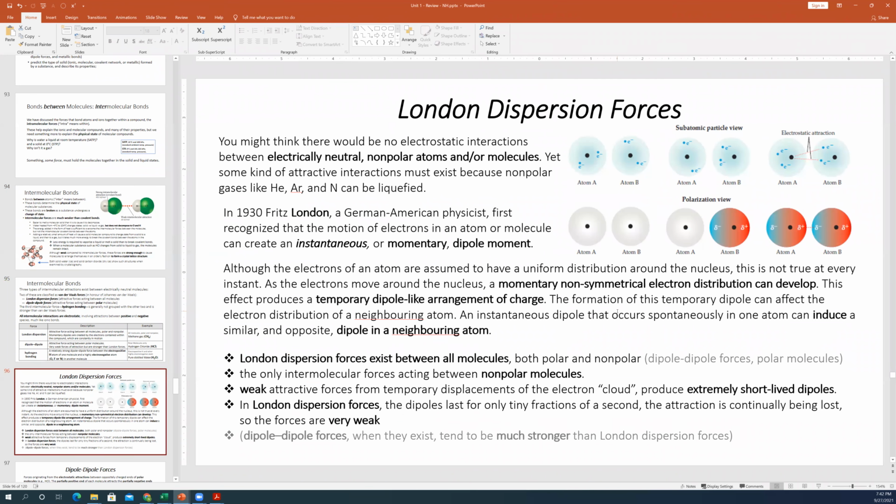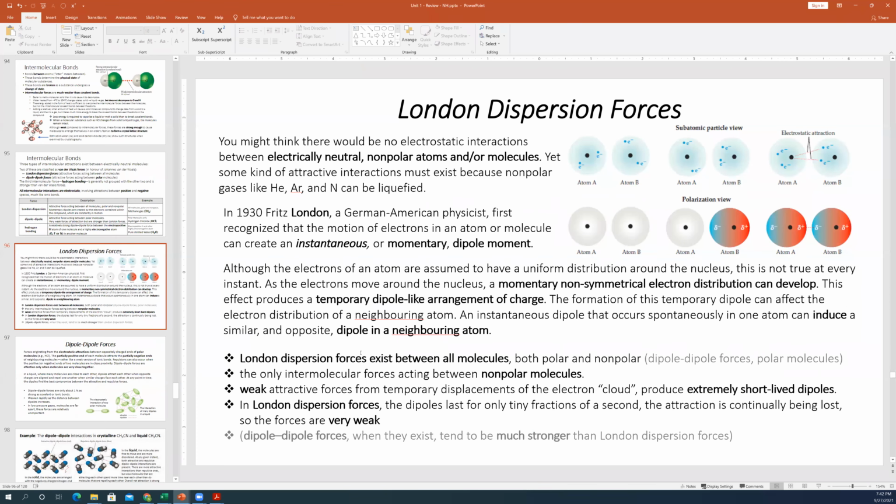Okay, and keep in mind the three types: London dispersion, which was the weakest one of the intermolecular bonds, and it arises from very temporary, momentary, fleeting, instantaneous, almost as soon as it's made, it's gone, extremely short-lived dipoles that arise between atoms.